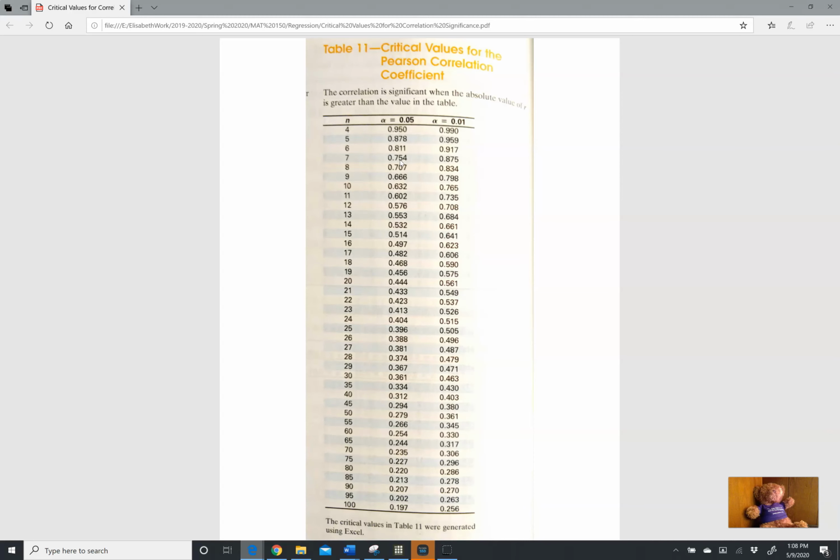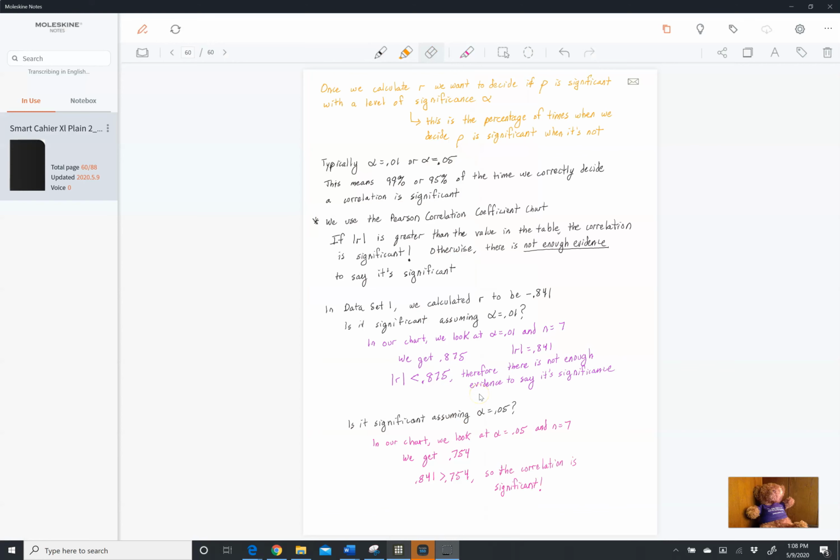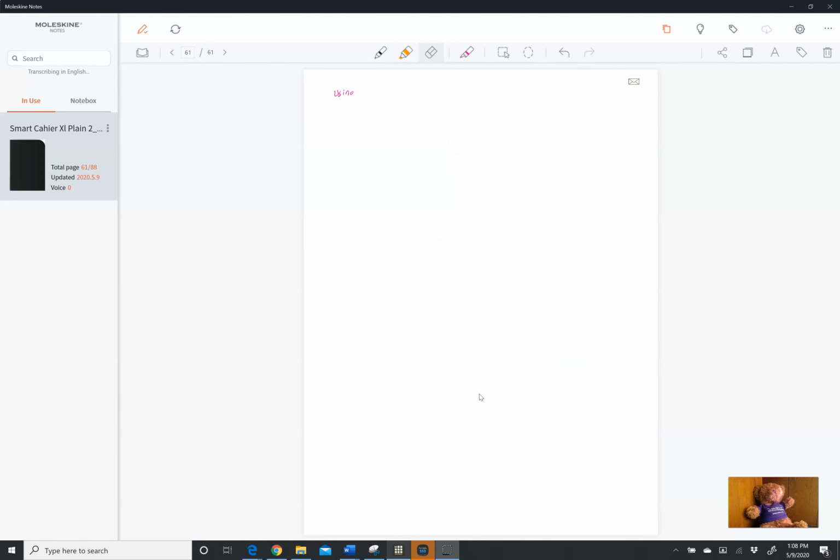So what we're really doing here is using a hypothesis test to determine correlation significance. We only consider a two-tailed test.